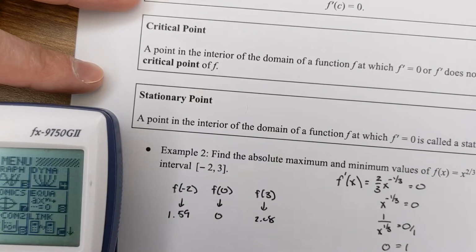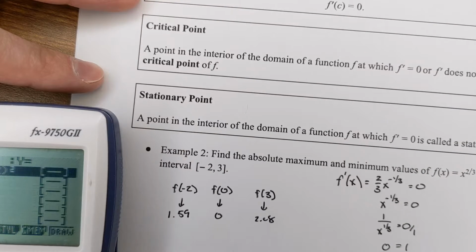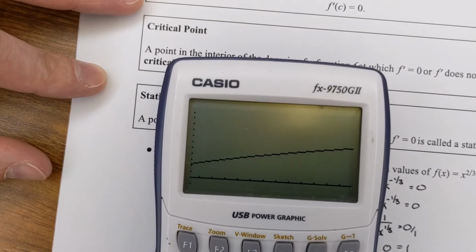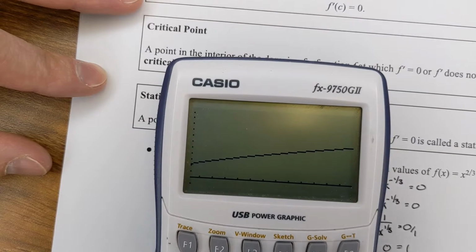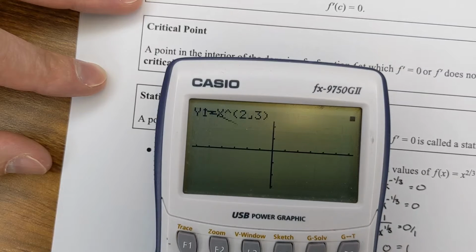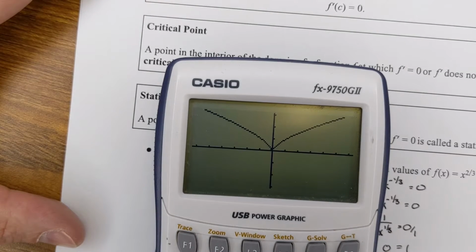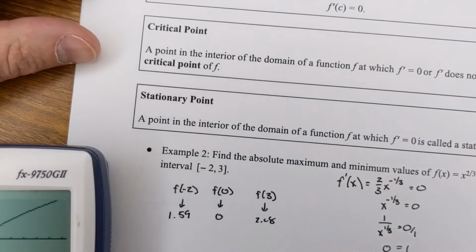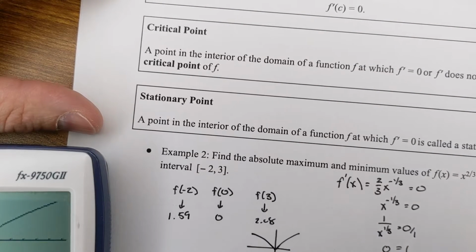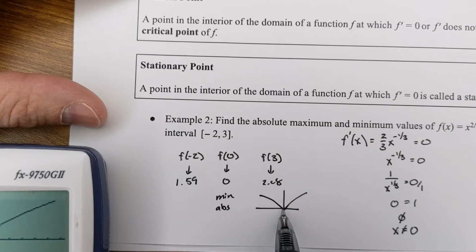If I look at the graph, x to the 2/3, draw. So there's my graph. Actually, let's reset my view window. There we go. So it draws that lovely little birdie shape. So 0 here is a minimum, and it's the absolute minimum, because it's the lowest value here.